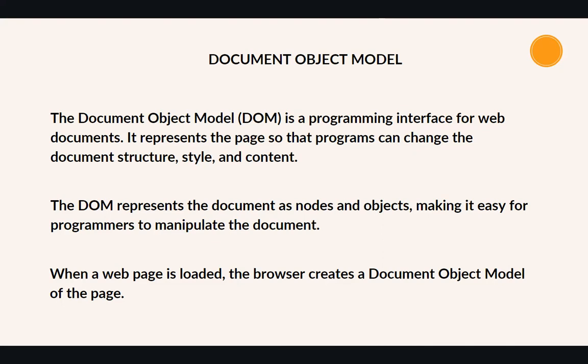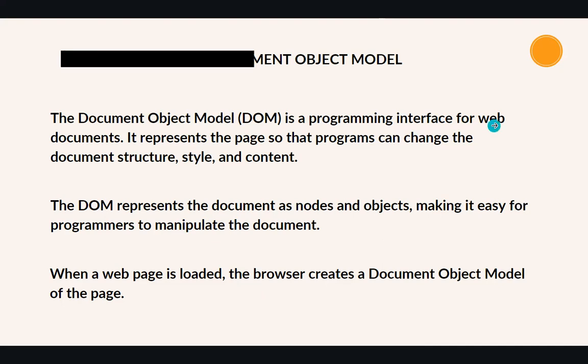So with the DOM, we can make changes because our code is represented in a way that we can interact with and do different things with. What the document object model allows us to do is easily manipulate the document. So we don't always have to go into our code to change things. We can use the benefit of it being a representation of our code to make changes to it. And hopefully, as we go over it today, it will make more sense.